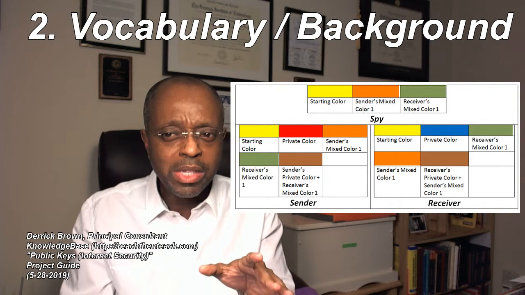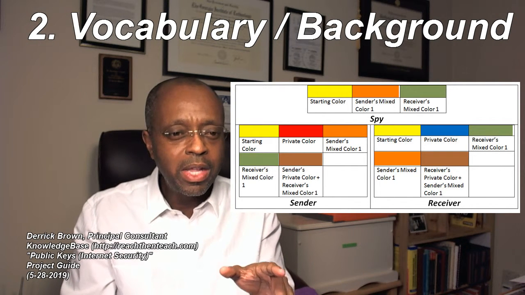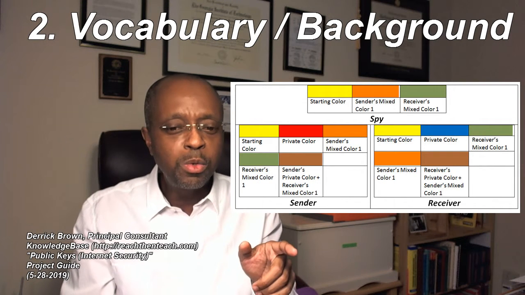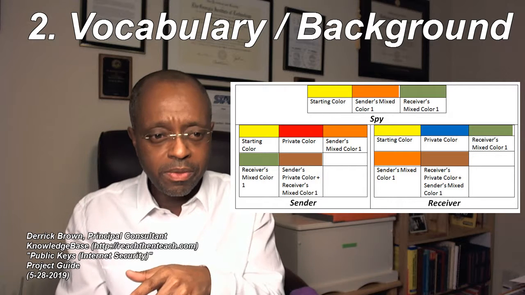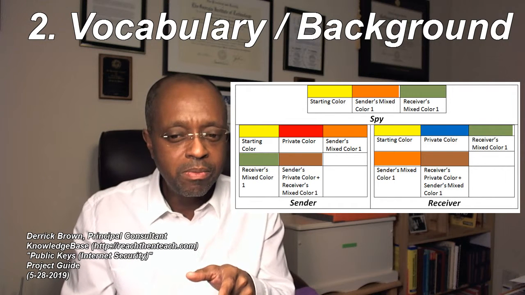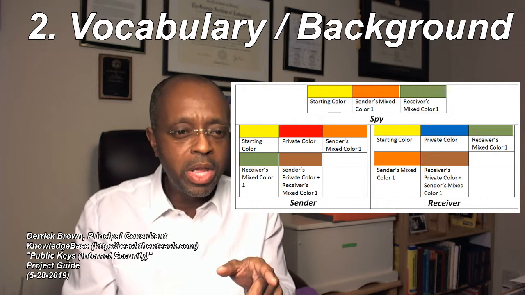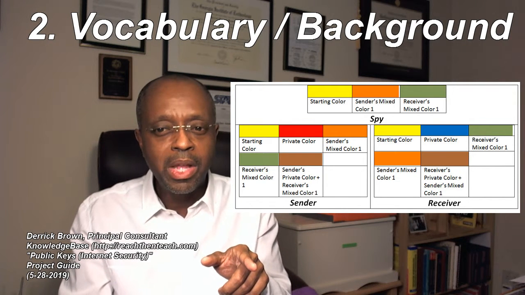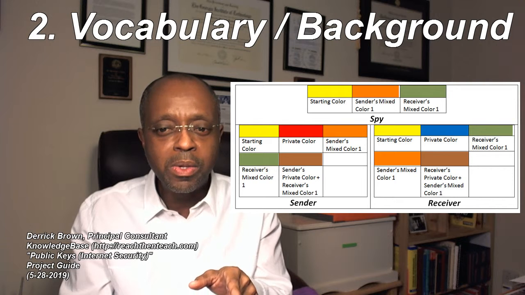The sender is now going to add their private color, which is red, to the color they received, which is green. Now, when they add their red to that green, they get brown. The receiver is going to do the same.